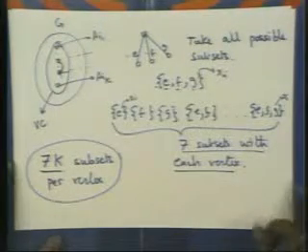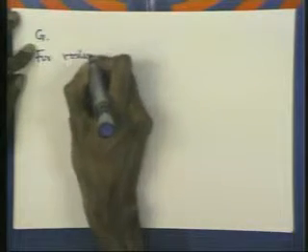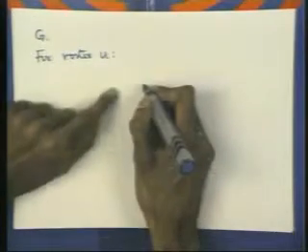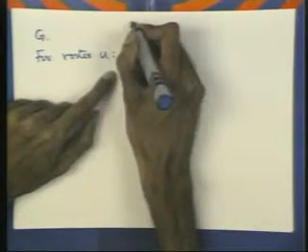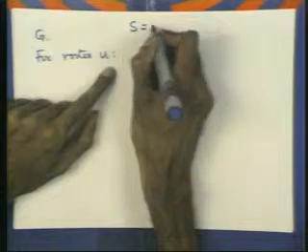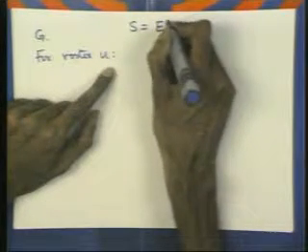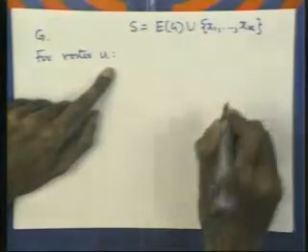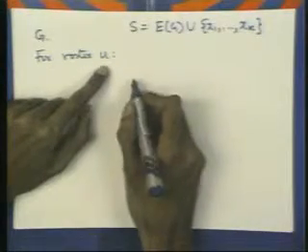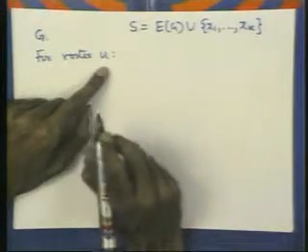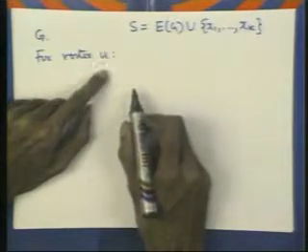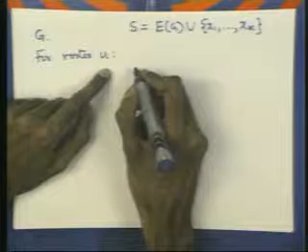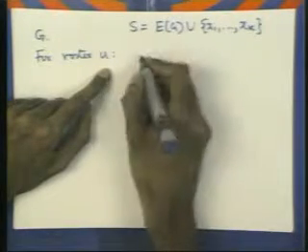So this is the translation. I take this graph G, and for every vertex U, I must say that the set S is nothing but E of G union x1 through xk. For a vertex U, I would have either 7k or 3k or k sets depending on the degree of the vertex. And what does a typical set look like?